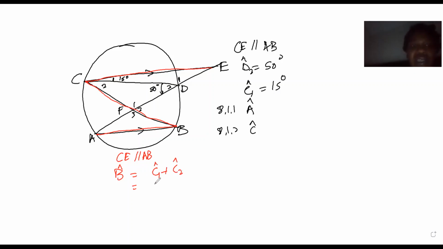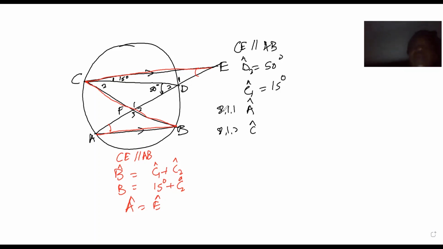And C1, they gave us, is 15 degrees. Then again, if the lines are parallel, this will be equal to that. Angle A will be equal to angle E, right? What else?